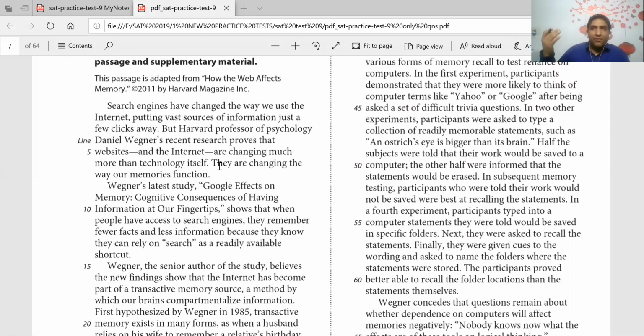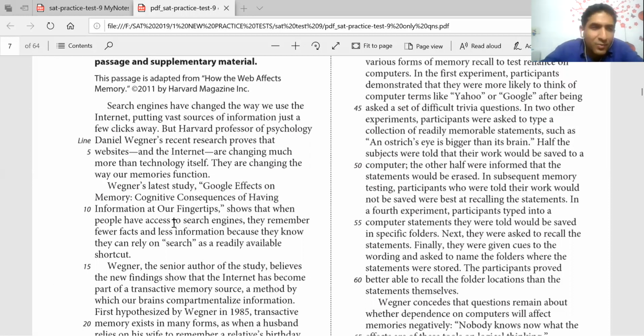So this is the impact of the information revolution or internet on our memory. Now we are not inclined to remember the facts and figures. We are more inclined to remember the source from where we can get that fact or figure. And this is what this particular story talks about.